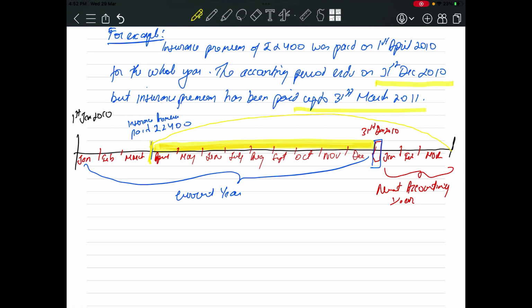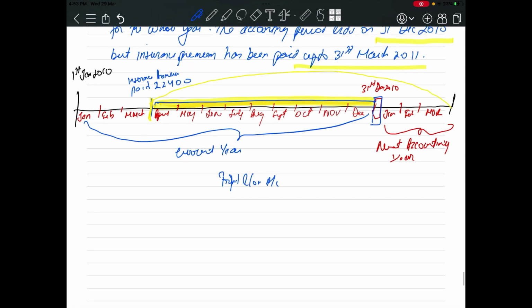If you are to make the profit and loss account, only the expenses relating to this period will be debited in the P&L account. But we have paid expenses for the next year also. For current year we have paid for 9 months, and for next year we have paid for 3 months. Now we'll have to understand how we will treat this particular item in our P&L account.